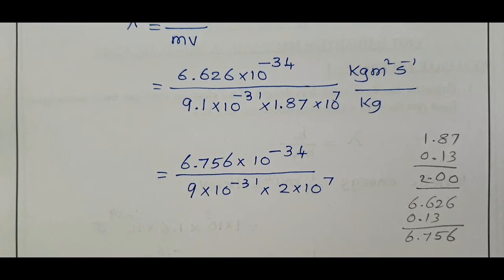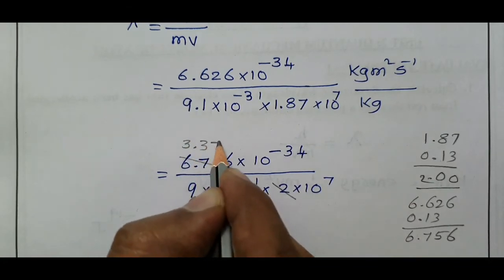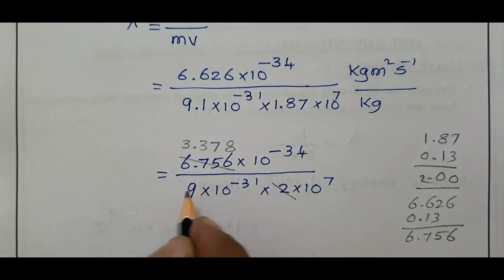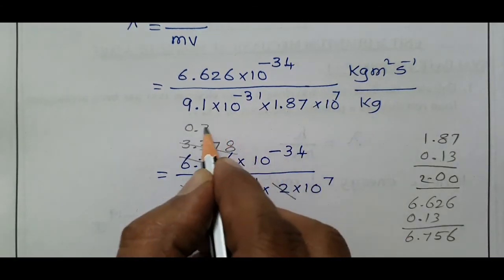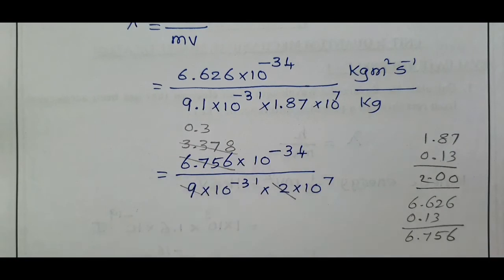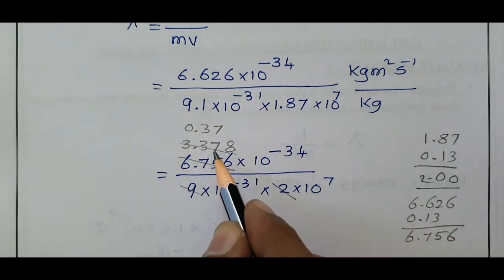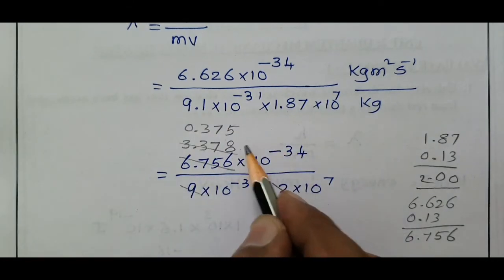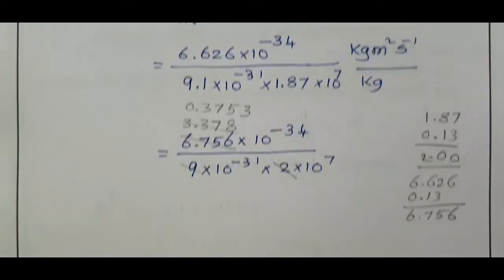Cancellation becomes very easy. 1 2 is 2. 3 2s are 6, remaining 1. 7 2s are 14, remaining 1. 8 2s are 16. Then 1 9 is 9, 0.3, 9 3s are 27, remaining 6, 67. 7 9s are 63, remaining 4, 48. 5 9s are 45, remaining 3, 30. 3 9s are 27. So what is the answer?